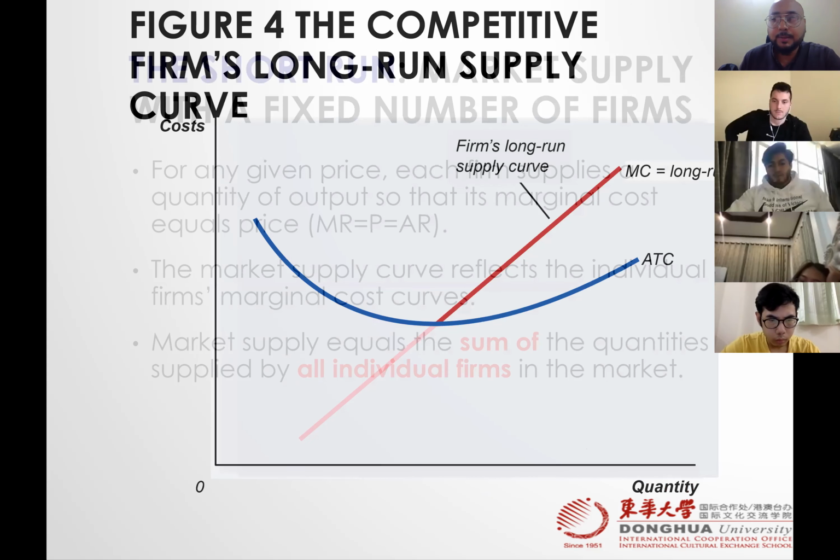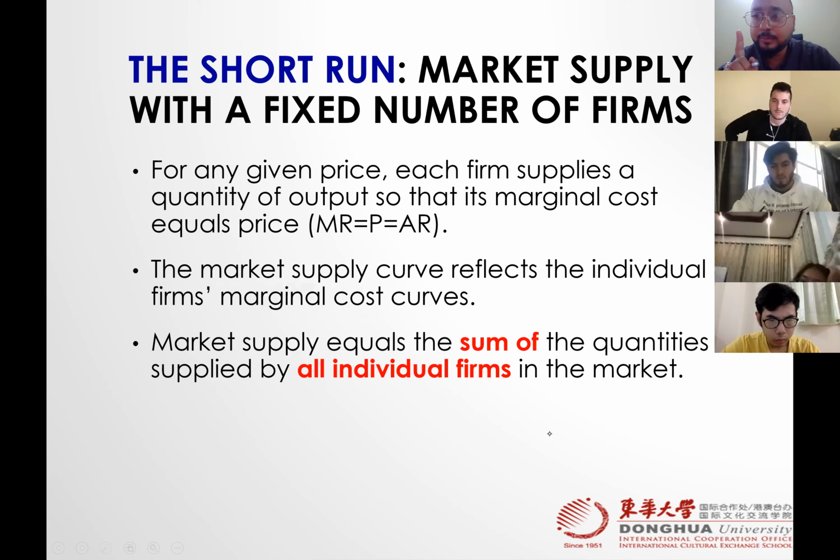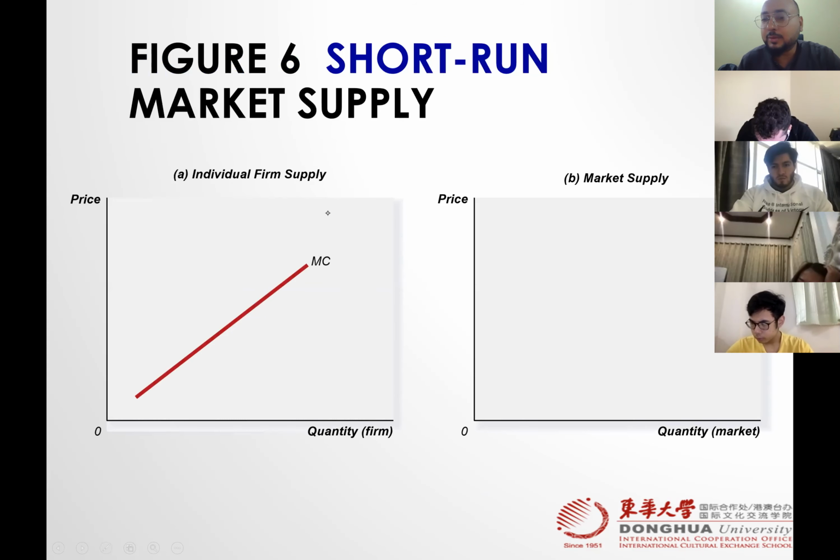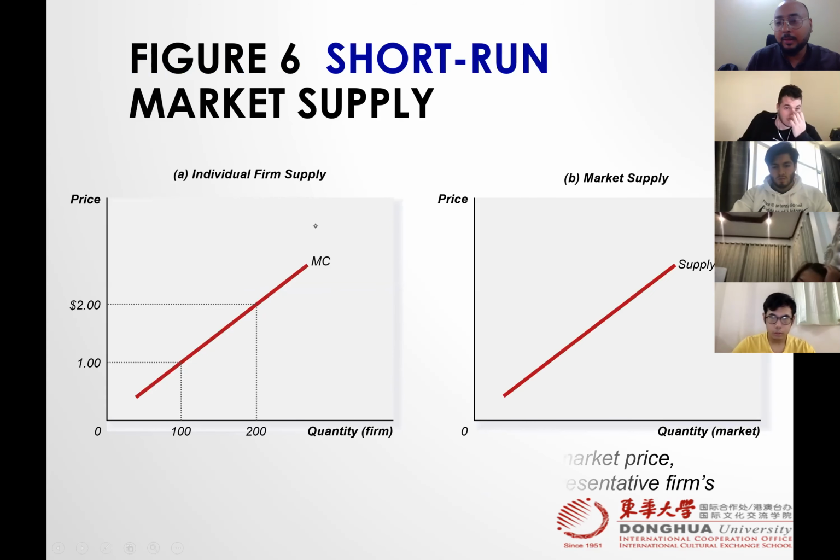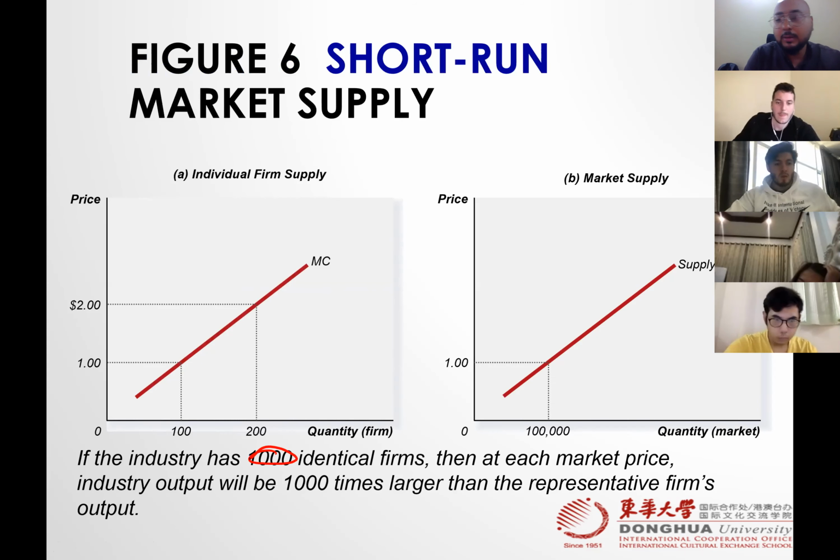And now we just talked about one firm analysis, right? Firm profitability, single firm profitability, single firm supply curve. What if we want to find out the market supply curve? The market supply curve is the sum of all single firm supply curves, the sum of all MCs of all firms. Simple. So this is the individual firm supply curve, and if we have 1,000 firms, you add 1,000 MCs.